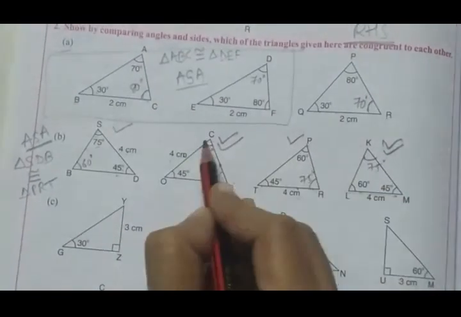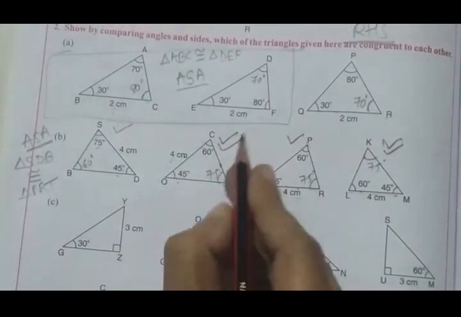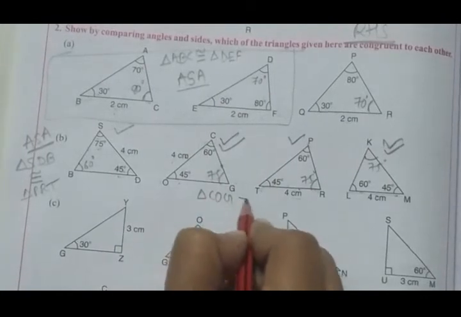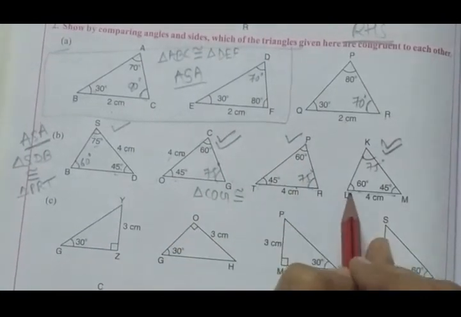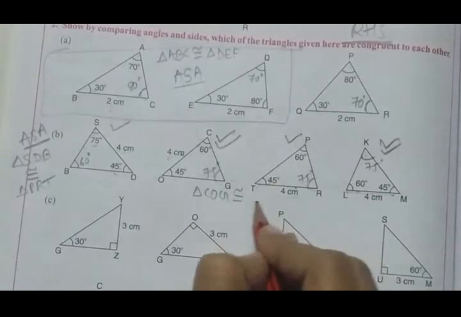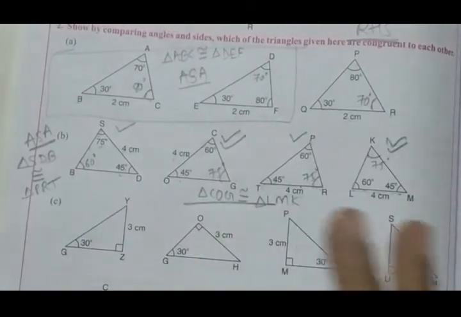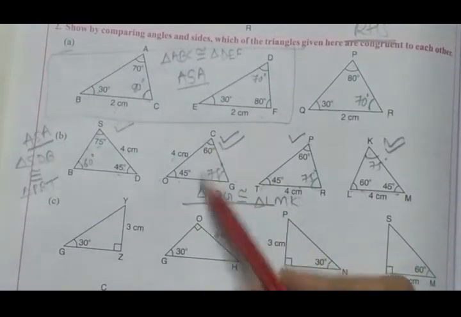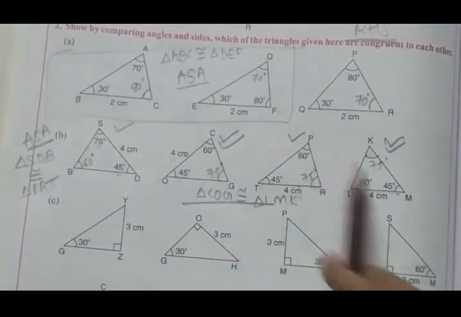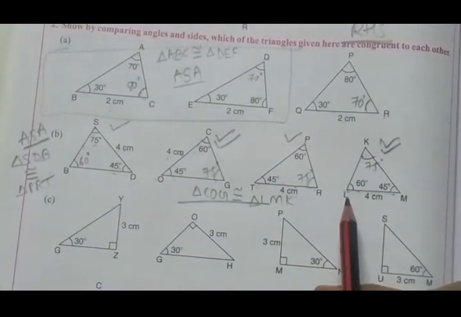So you can say triangle COG corresponds to triangle LMK. We have to read the triangle according to the correspondence only. Like I am reading C, so C is at 60 degree, so I will read here also L, that is 60 degree.